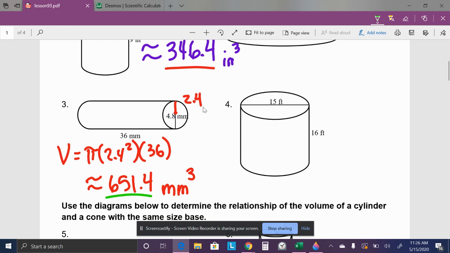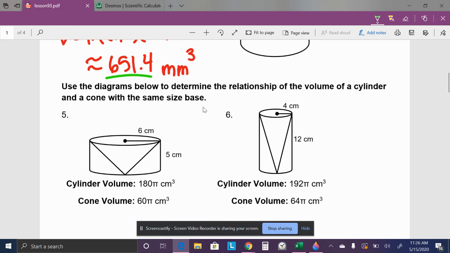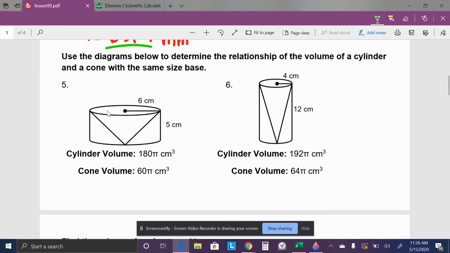Now, a cone is very similar to a cylinder, but you notice when you make a cone from a cylinder, it cuts it into how many parts? 1, 2, 3 parts. If you notice, the cone volume is the cylinder volume divided by 3. 180 divided by 3 is 60. 192 divided by 3 is 64.